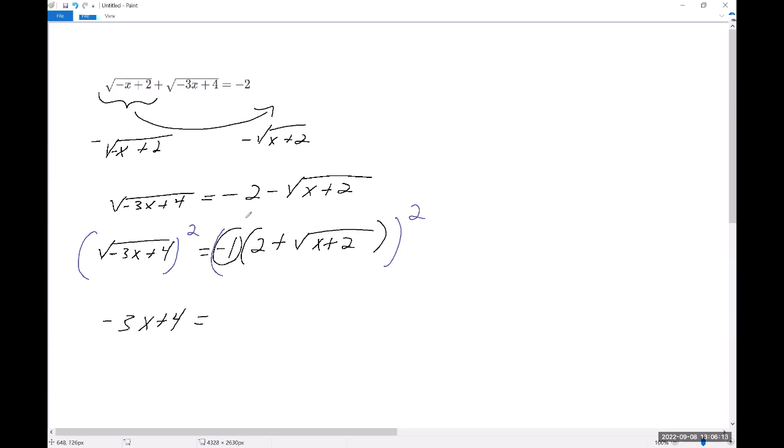So obviously this, if you square it, it's a 1. So I'm not even going to write it because it's a positive 1. So it's 2 plus the square root of x plus 2 squared. And I have to work that out.